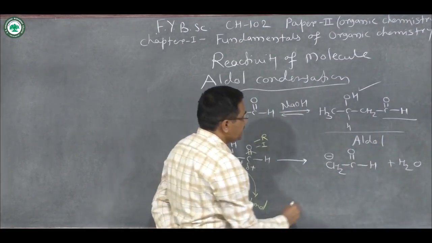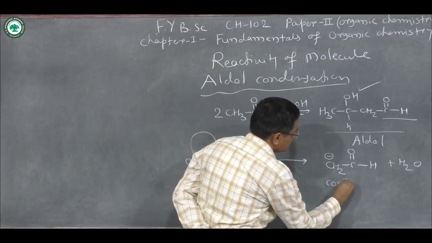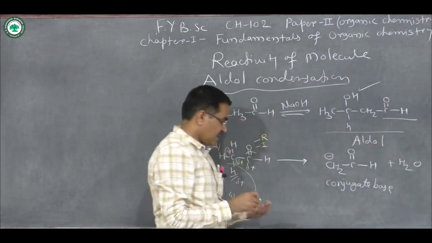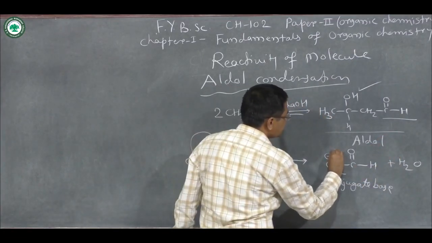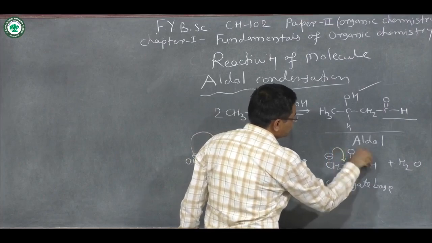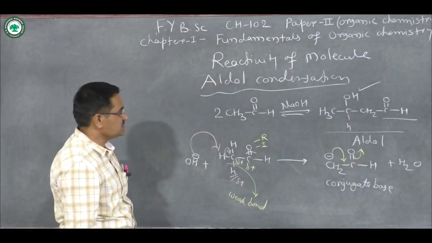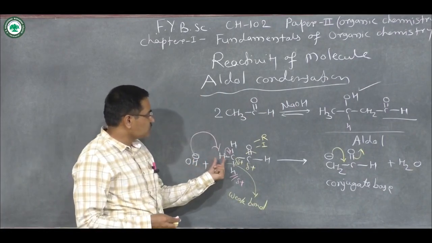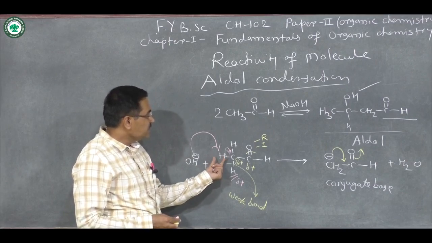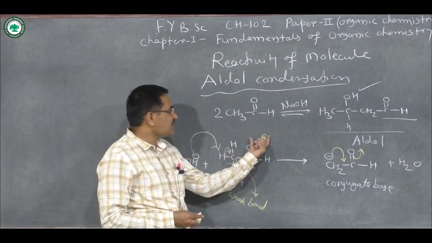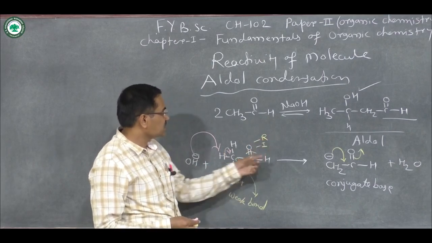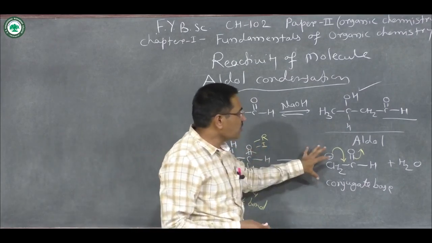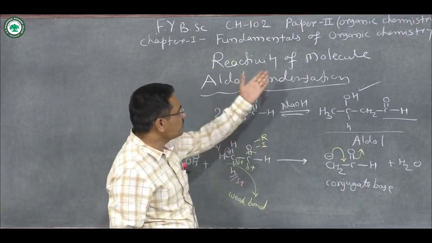Now this is conjugate base, and here this conjugate base is resonance stabilized. Means removal of hydrogen depends upon the minus R as well as minus I effect of CO, and this phenomenon is nothing but the reactivity of molecule.